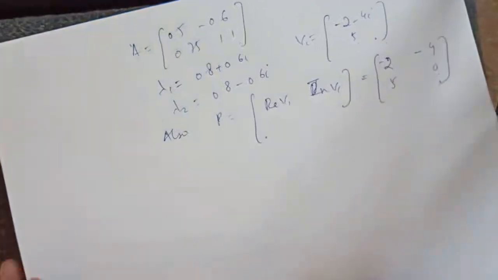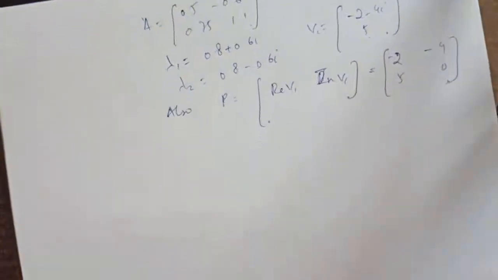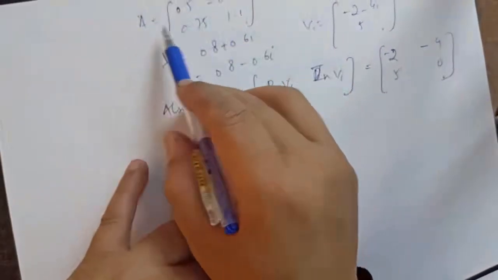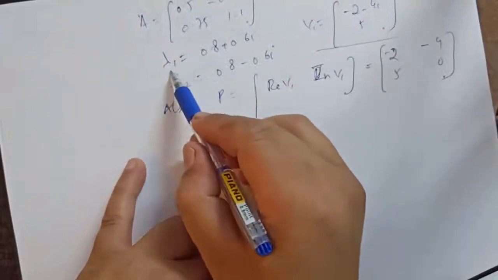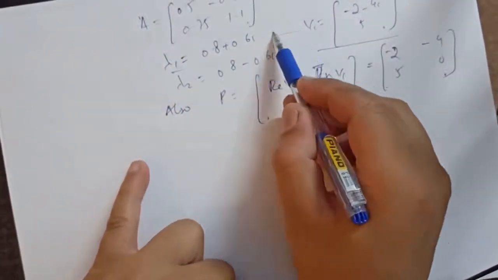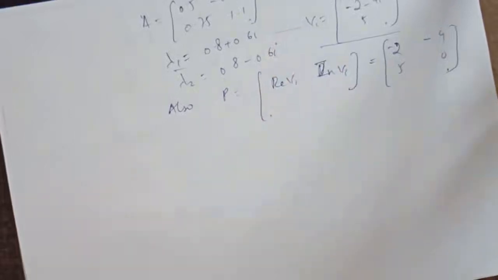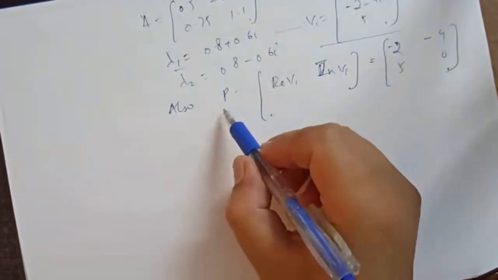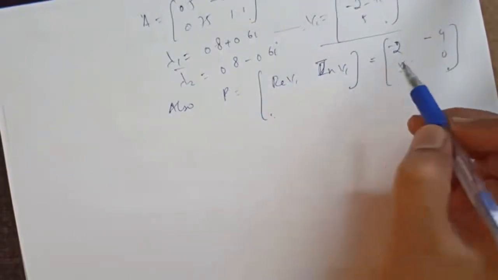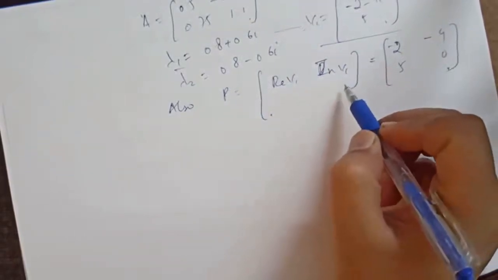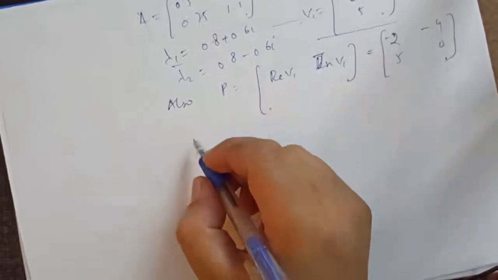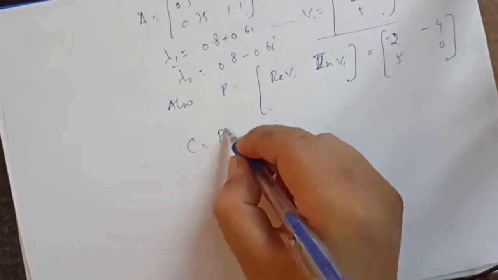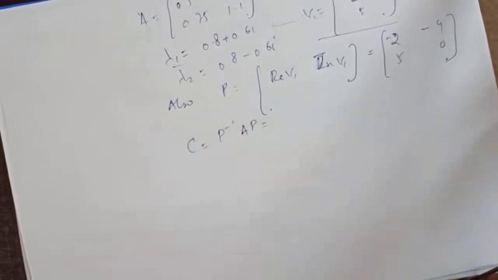So what I have done over here is I have this matrix A, and I have those eigenvalues, and for one of the eigenvalues I have this eigenvector v1. So I can calculate a matrix P which is the real part of v1 and the imaginary part of v1, and there is another matrix C which is P inverse A P, right?